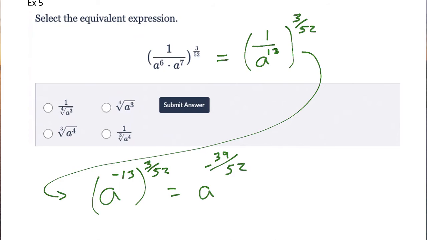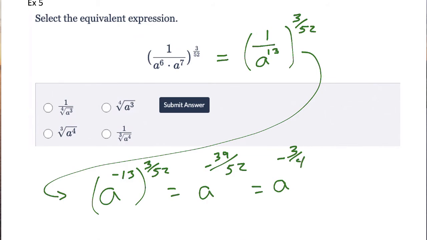And now my question is, what does that equal? Because that's that 39/52. And we can reduce that. We can probably make something go in there. But what it turns out to be is a to the negative 3/4.